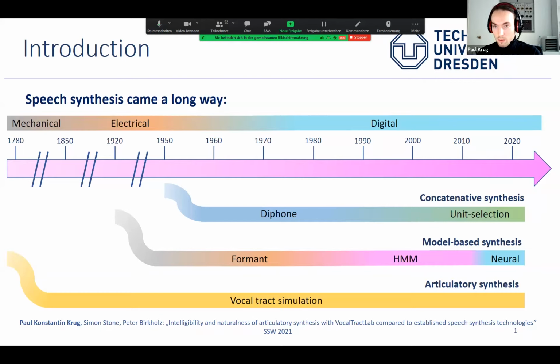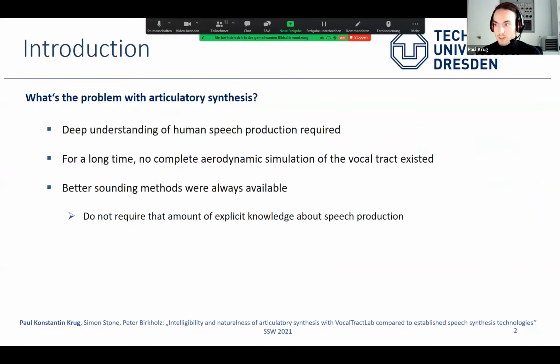So the problem with articulatory synthesis is that it requires a very deep, a very precise knowledge about how speech is produced inside of the human vocal tract. You need a lot of phonetic knowledge, and for a long time there was just no complete aerodynamic simulation and no complete models, because there are many steps involved.